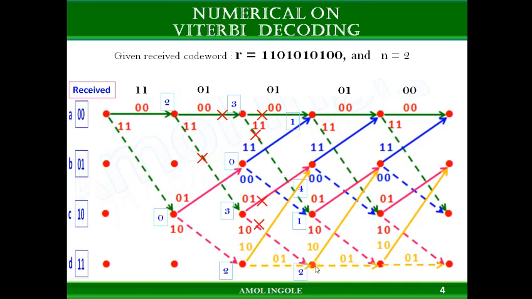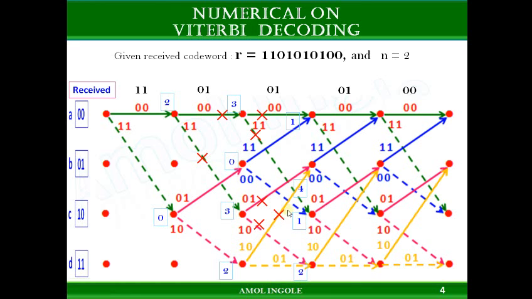Now again, step 3, which says that you have to discard the path with higher path metric. So if you compare, this is path metric 4, which looks much higher than 1 and this 2. So you can discard this 4 and this 2. These two paths can be discarded, like this.